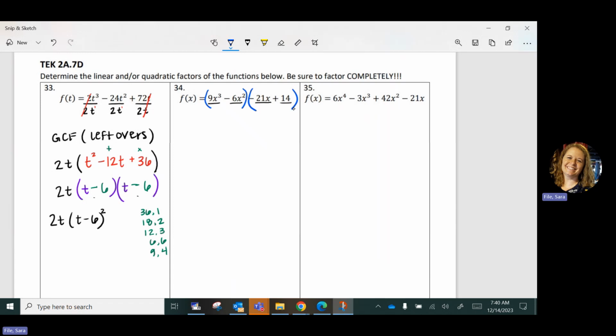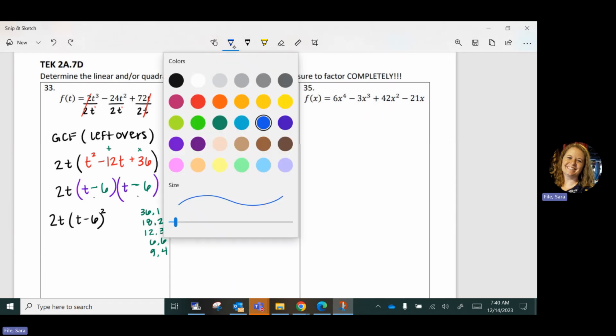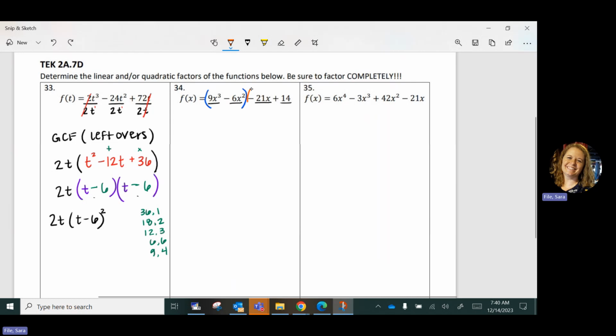Now within each group, we're going to look for a GCF. There was no GCF amongst all 4 terms, but what if we group it into these smaller groups, these binomials? Now I'm going to change the color on one of the sets of parentheses here so we can distinguish. All right, so in the blue set of parentheses, the first group, is there a GCF?